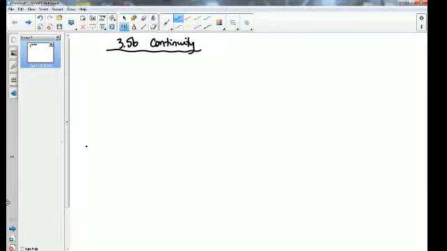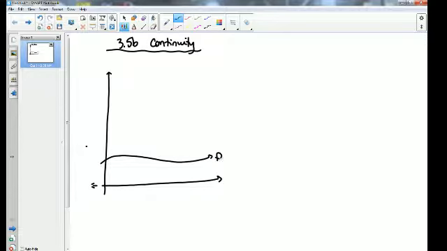So we've talked about continuity, right? Let's summarize what we did out there in the hall. Okay, f of x is continuous, right? This one. We talked about that one.